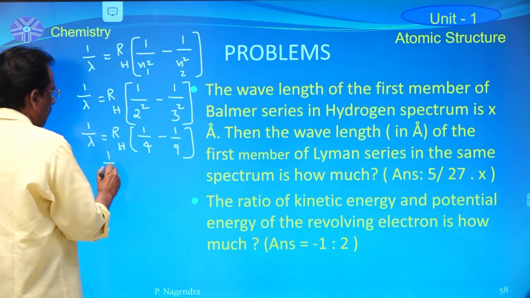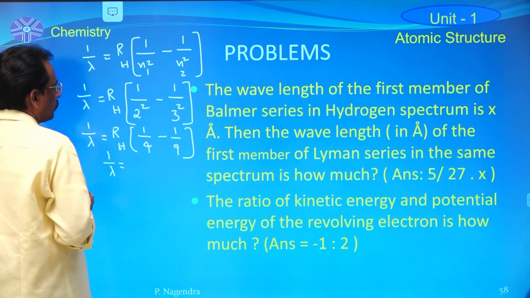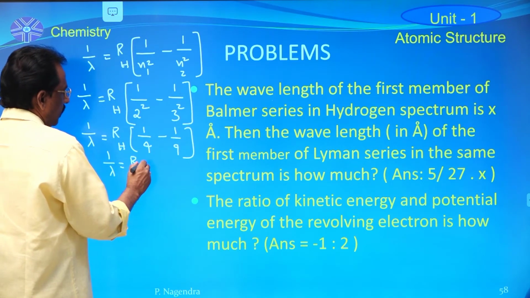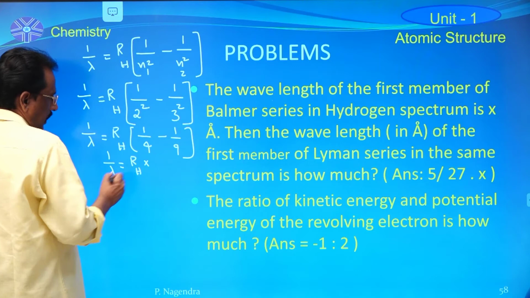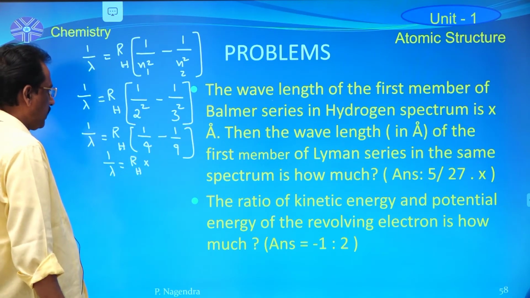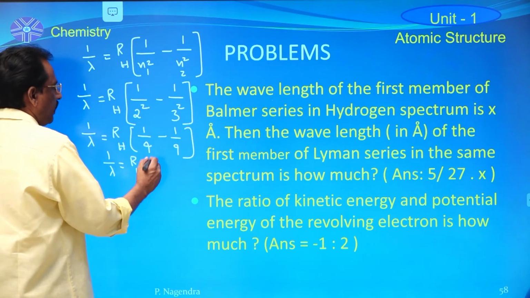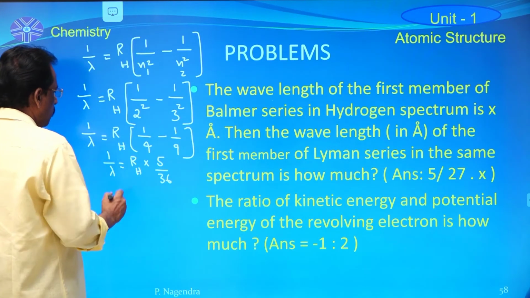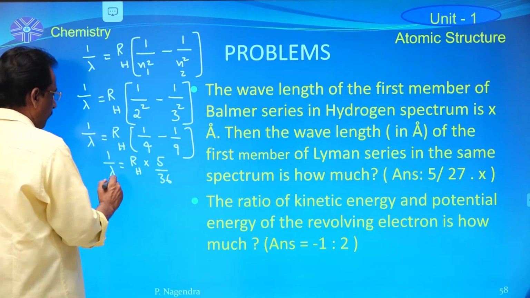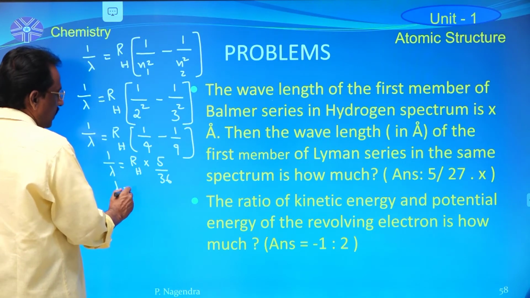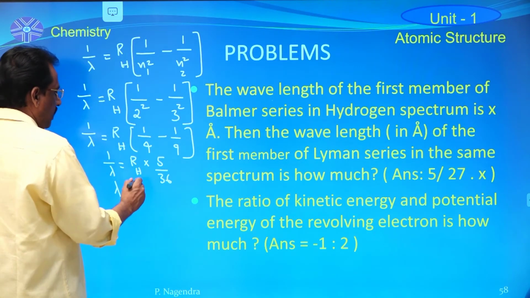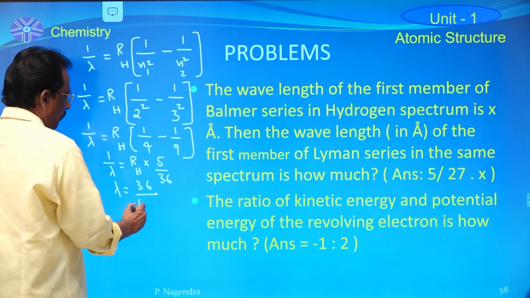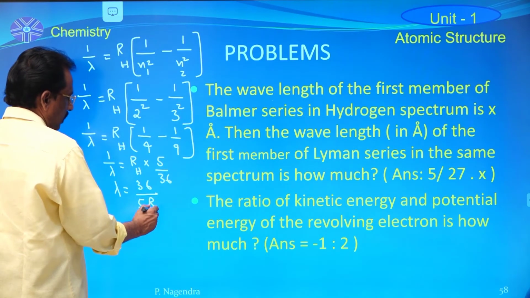The LCM is 36, so 9 minus 4 is 5 by 36. So 1 by lambda is RH into 5 by 36. Therefore lambda is equal to 36 divided by 5 into RH.